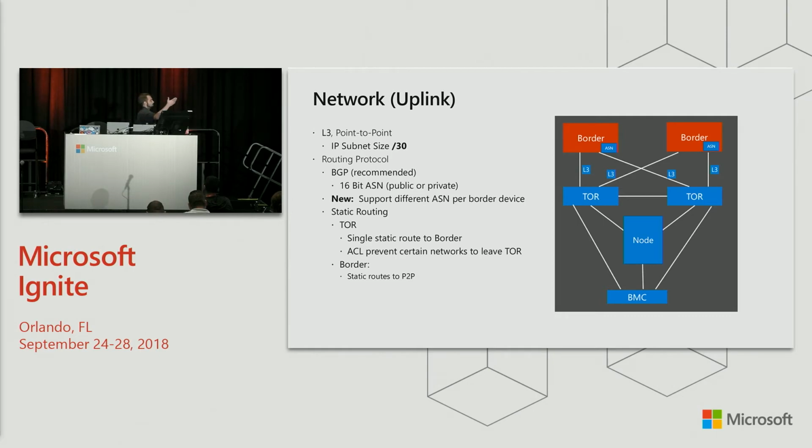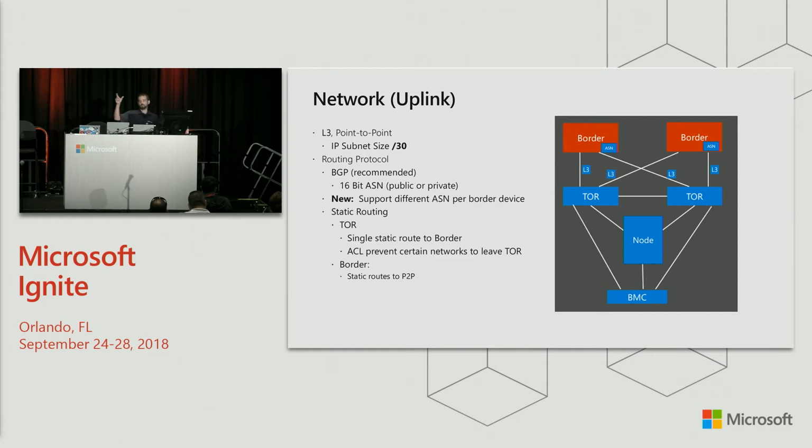Now, potentially your organization hasn't adopted the BGP routing protocol yet, so we do support static routing as well. But clearly, the disadvantage of static routing is every time you do a change, you have to manually go into the switch config and update your routes. Now you also see those ASN numbers on the border devices that are used to configure the BGP routing.